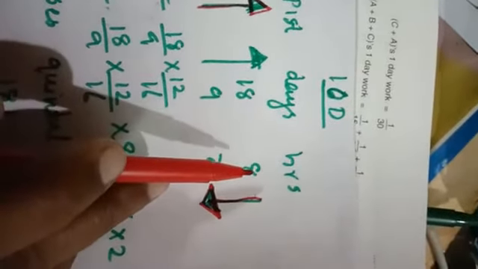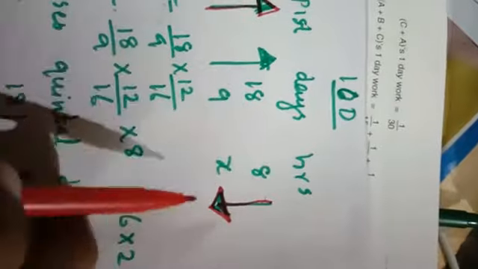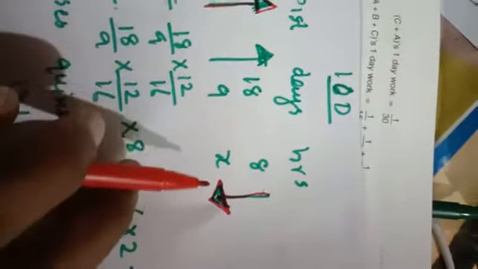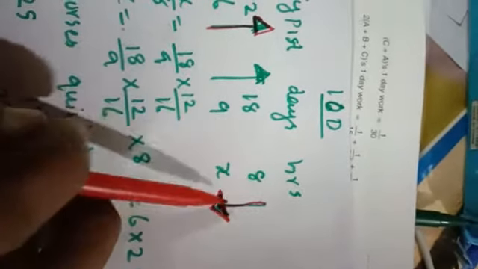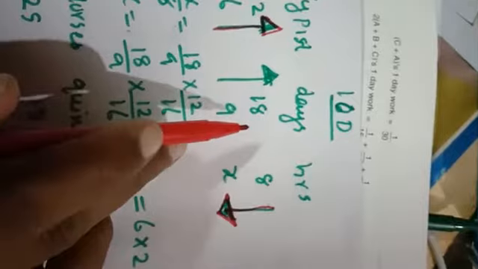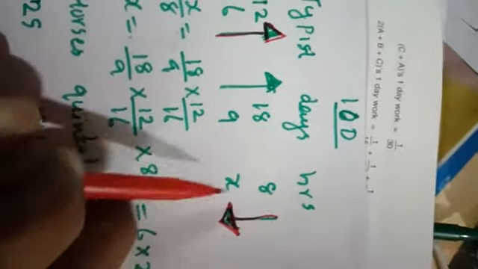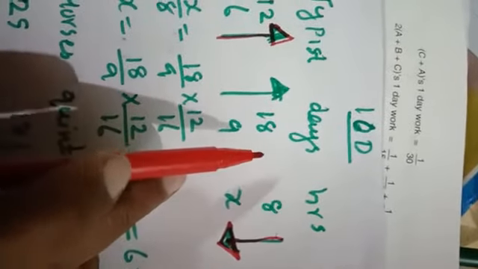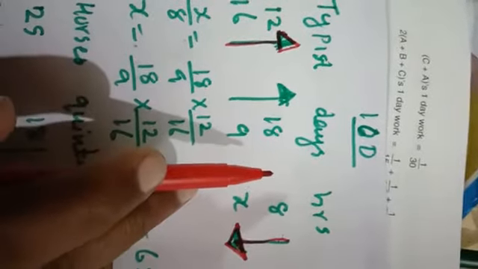Now compare hours and days. 8 hours, 18 days. 9 days, how many hours? Hours and days are in which relation? Tell me, in which relation?